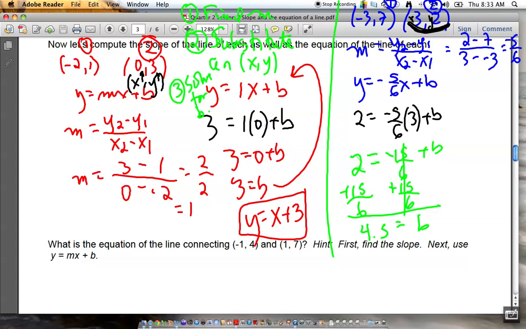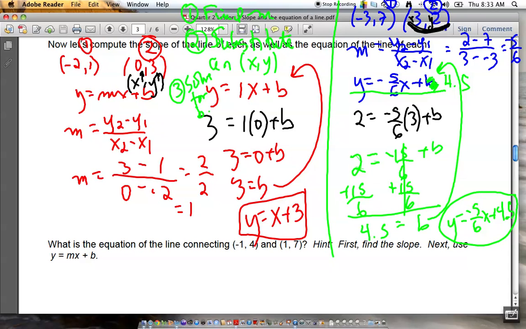A half is one that I will convert to decimals because 0.5 is pretty easy. And then I just go back, and where I had my equation going here, instead of b, what am I going to put? 4.5. So the correct answer is y equals negative 5/6 x plus 4.5. Okay?